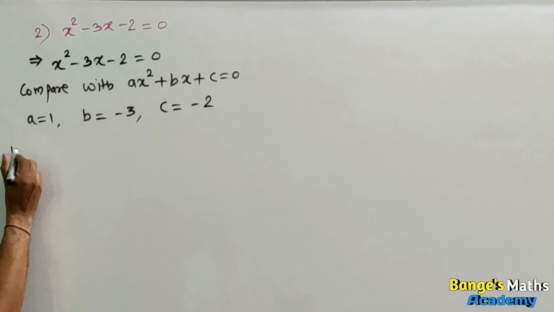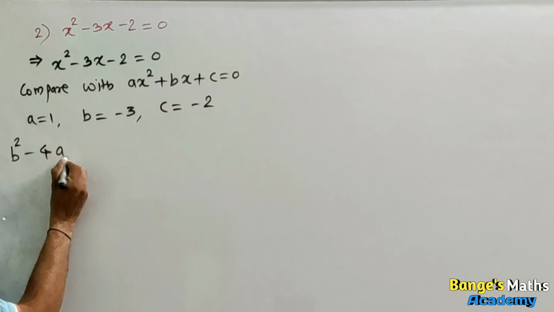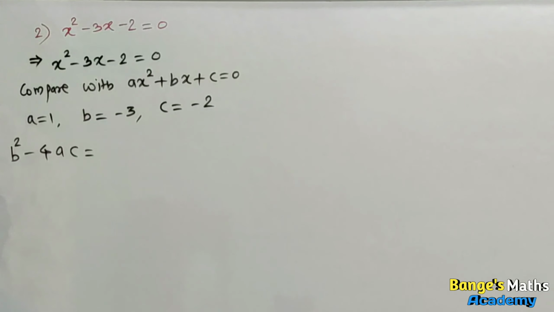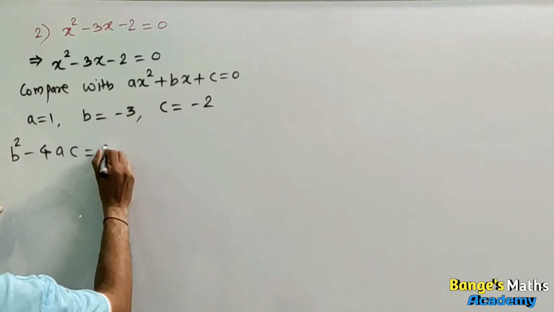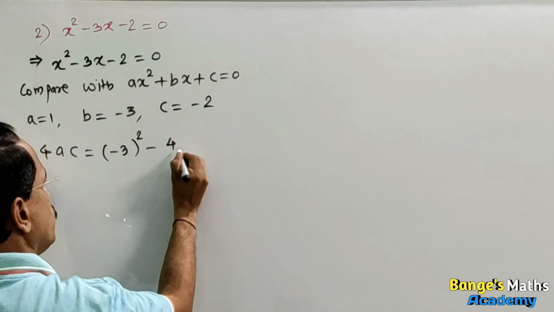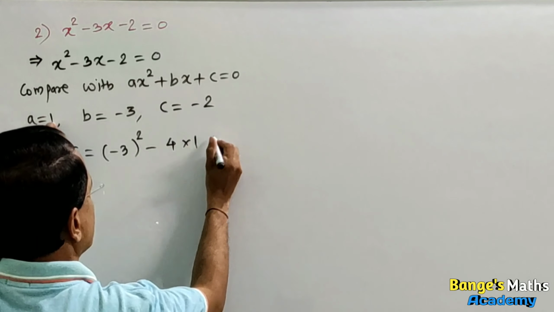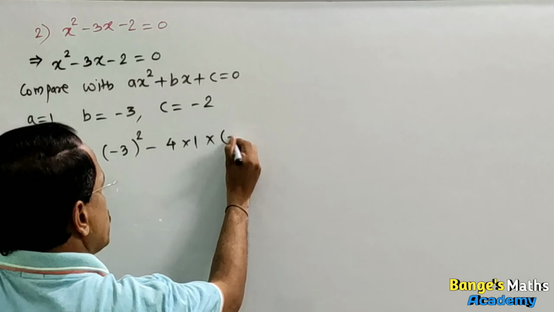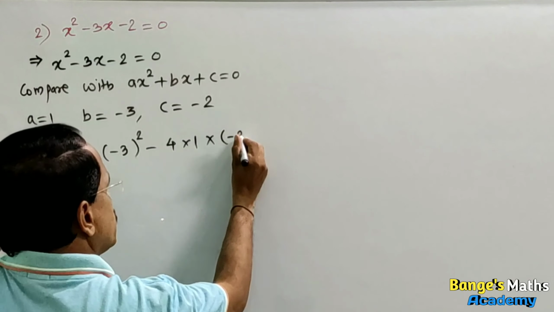So first find b square minus 4ac. Value of b is minus 3 square minus 4 into a 1 into c. Value of c is minus 2.